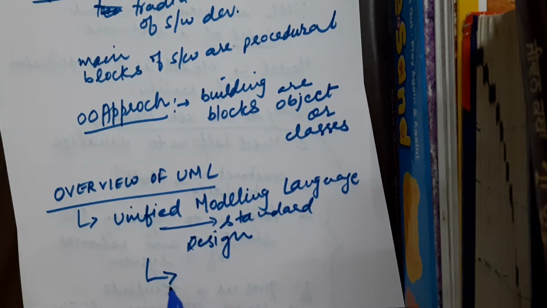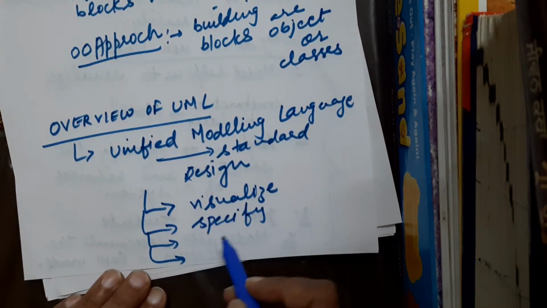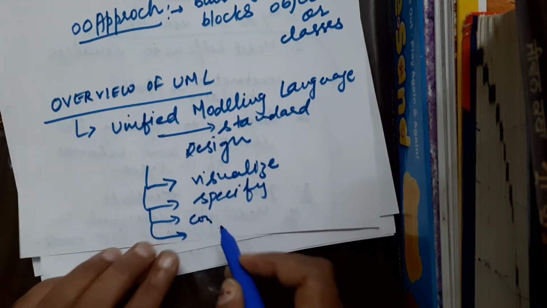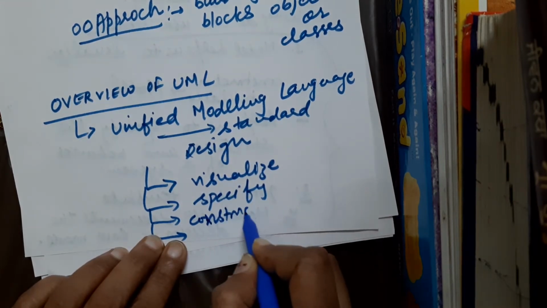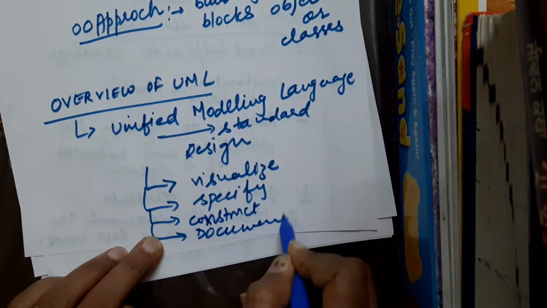So this is used to do four things: to visualize the software, to specify the requirements, it helps to construct the software, and it helps to document the software as well.